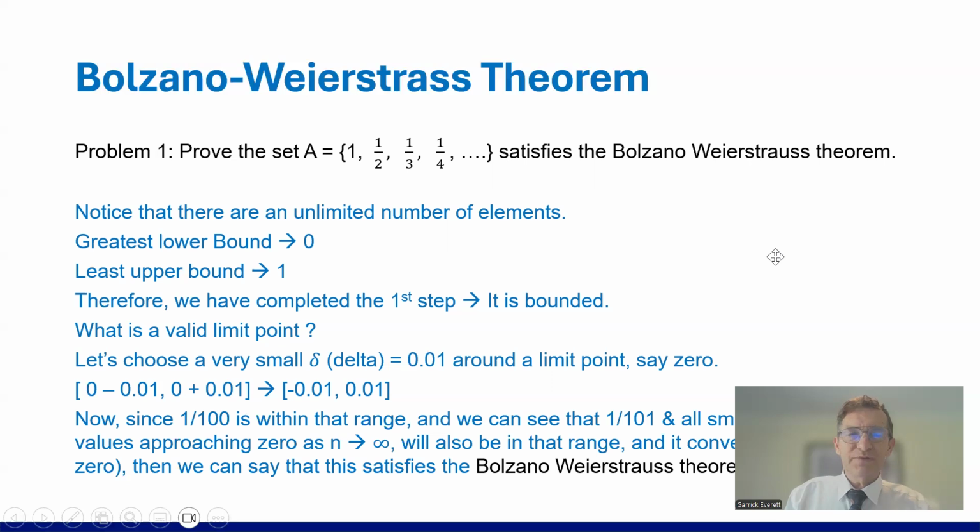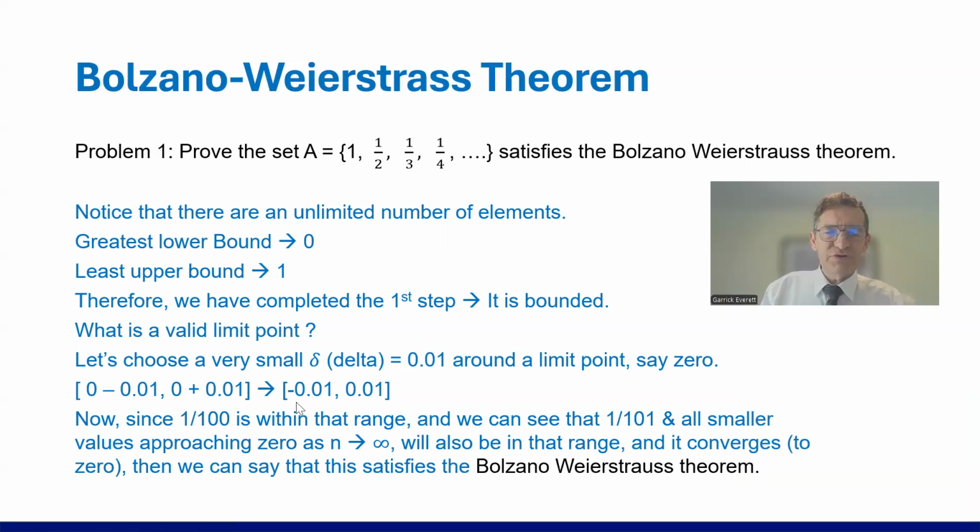Now here's our logic. Since 1 over 100, which is 0.01, is within that range, and we can see that 1 over 101 and all small values approaching 0 as n approaches infinity will also be in that range, and it converges to 0, then we can say that this whole thing satisfies the Bolzano-Weierstrass theorem.